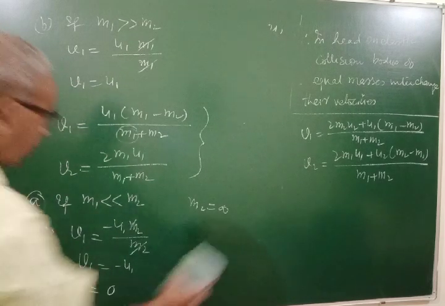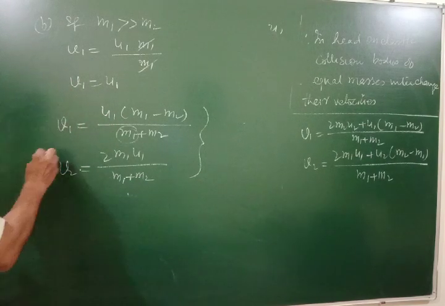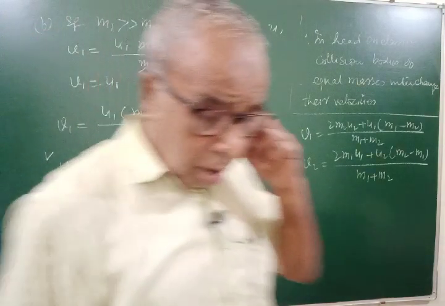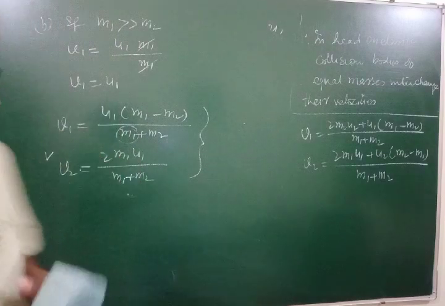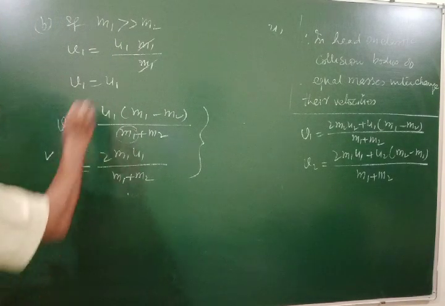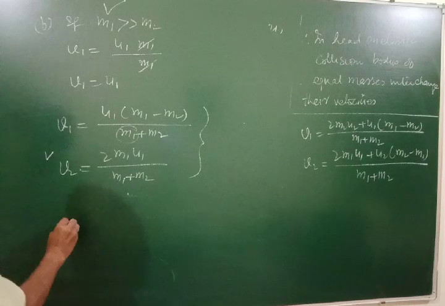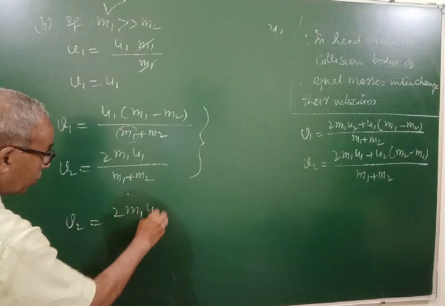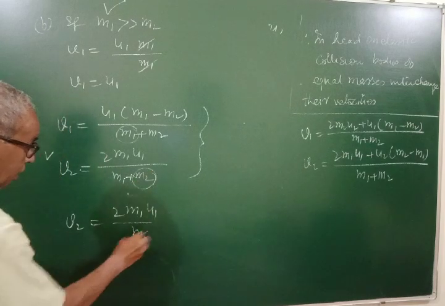Now what is v2 then? This is v2 here, in the case when mass m2 is at rest. So v2, when m1 is very much greater than m2, will be 2 m1 u1 upon m1, क्योंकि ये magnitude small होगा.